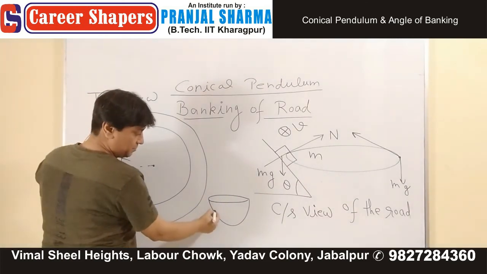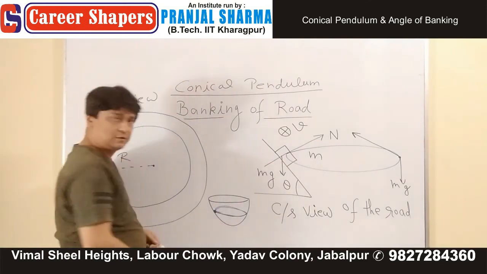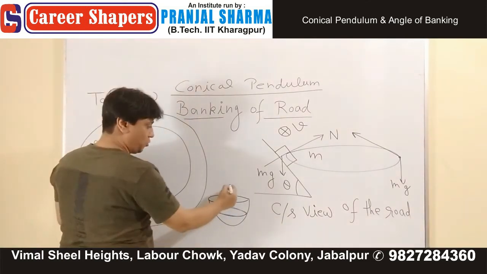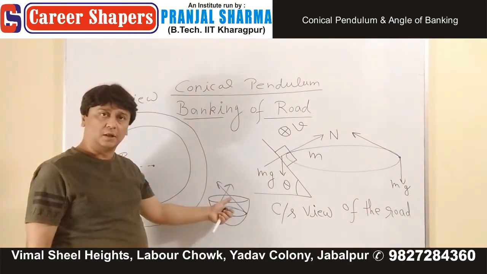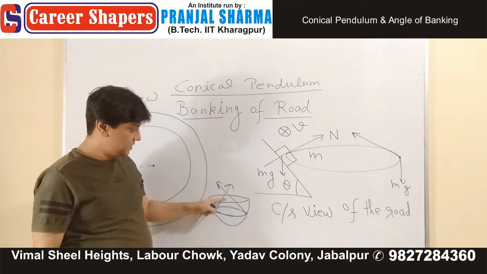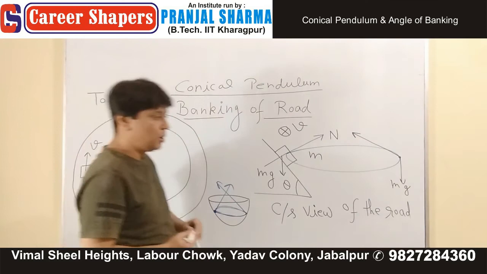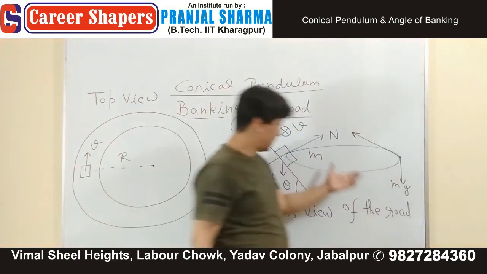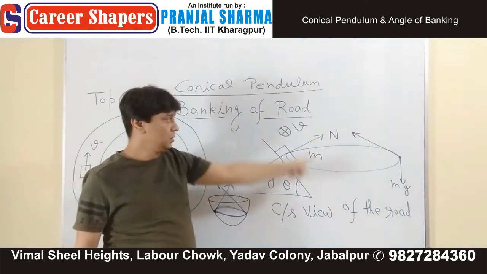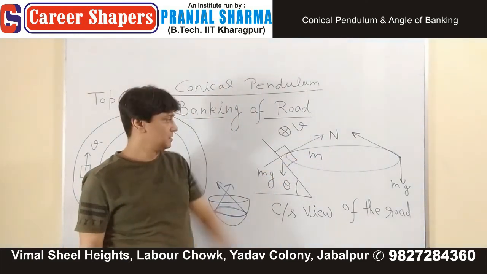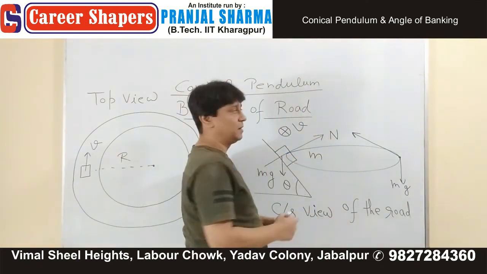Then that bead is going to perform a circle, और जो भी नॉर्मल रिएक्शन है वो इस तरह से लग रहा होगा. This point will be the center of the spherical ball. तो हमारे पास N का रोल, T का रोल कौन प्ले करेगा? N. The moment you visualize this, अब क्या बनता है यहां पर?